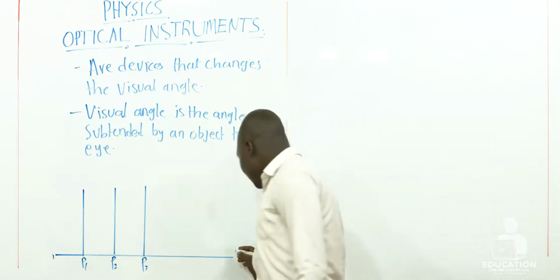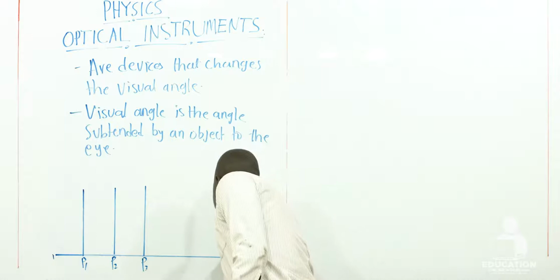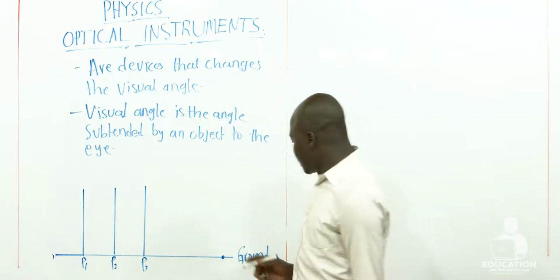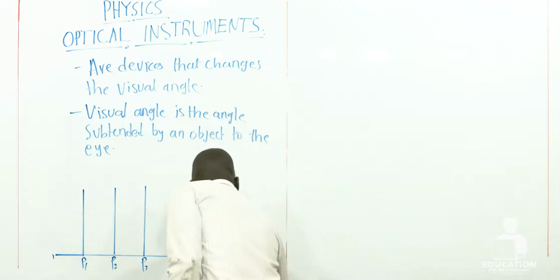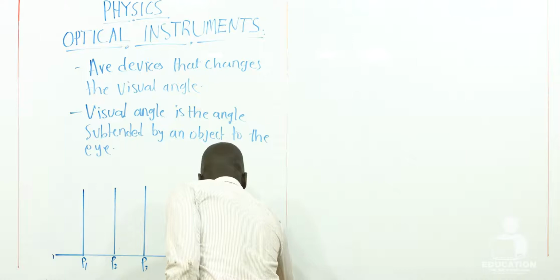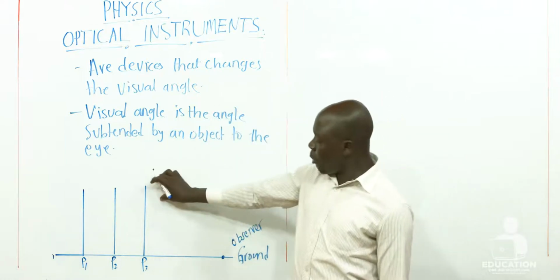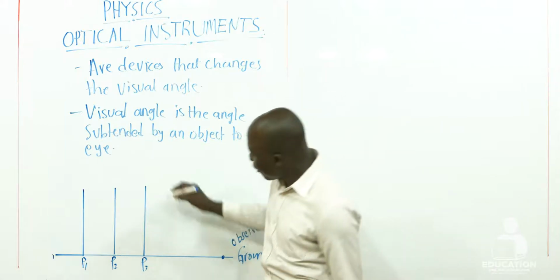So now if we have an observer at one point, an observer is the viewer, the person who is seeing the object. So this is the observer. So now this observer is going to see these poles at different angles.